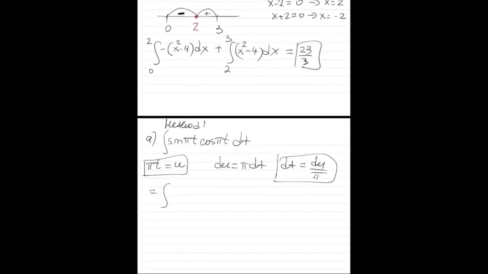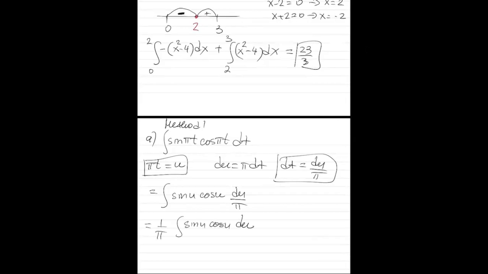So we're going to have the integral of sine of u, and then cosine u, and dt was du over pi. Pi is a constant, so I can pull it out. 1 over pi, integral of sine of u cosine of u.